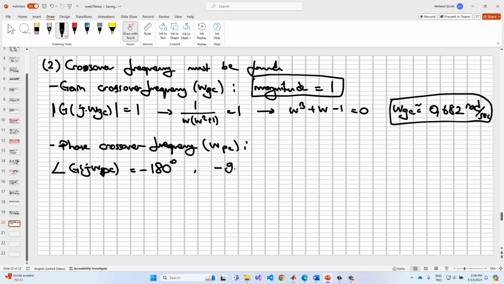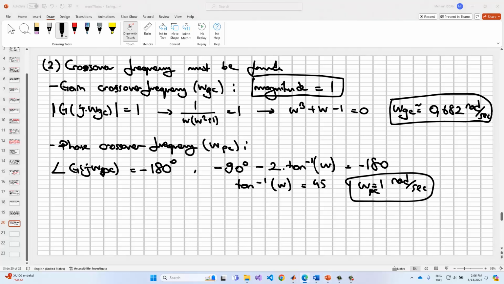And so minus 90 degrees minus 2 times arctan ω must be equal to minus 180 degrees. And so arctan ω is equal to 45, and so ω is 1 radian per second here. But this is the PC.